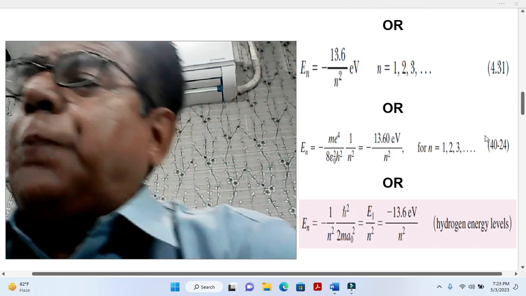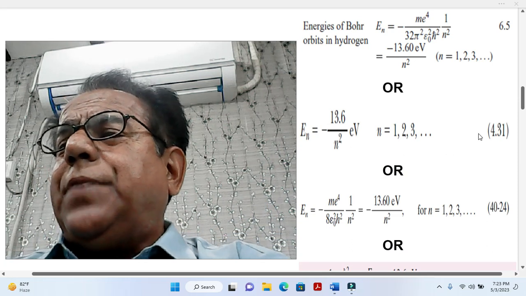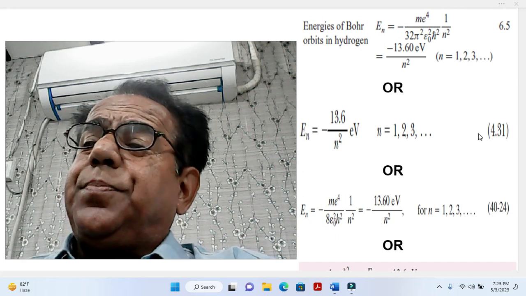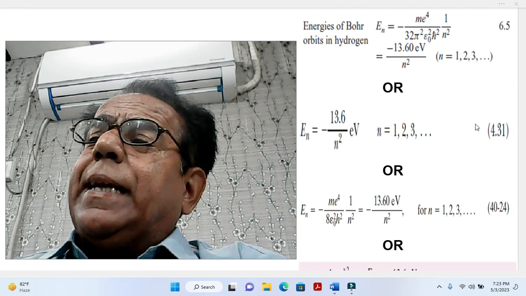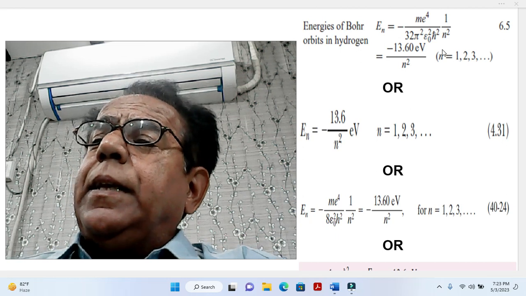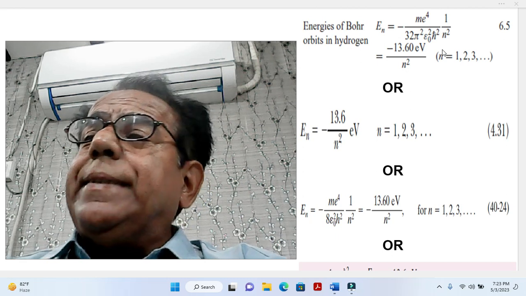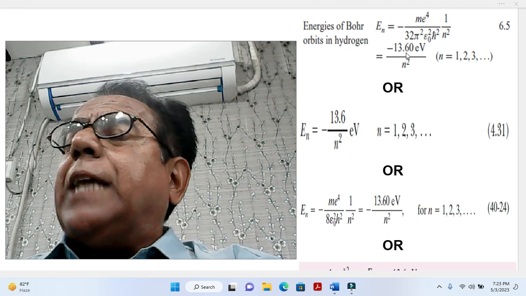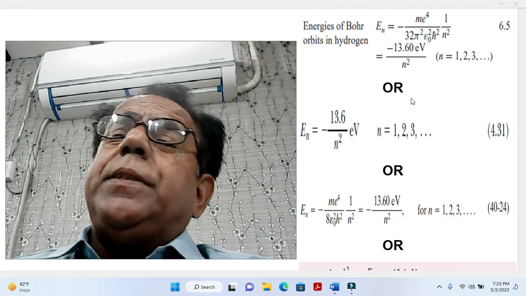Now we move to the next version of this helping tool. What does the next version say? The next version is quite simple and is just a repetition of the first version, except that the intermediate complicated portion has been eliminated from this expression.